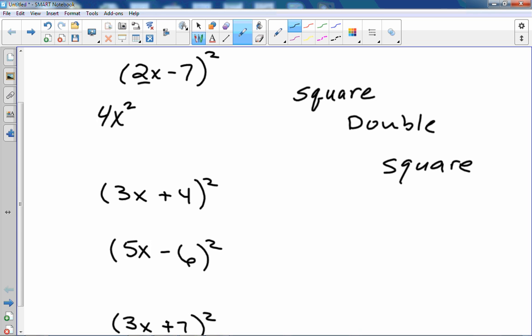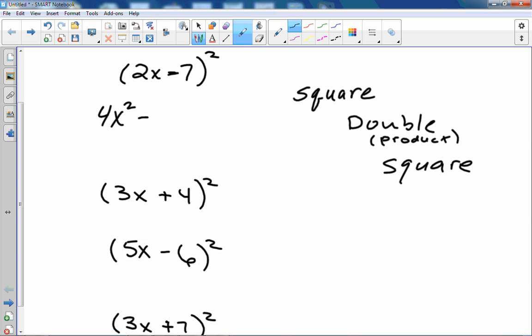Okay, and now double means I'm going to actually take the 2x and the negative 7, and I'm going to double the product. So one thing about the double is we're doubling the product of the two numbers, which means I would multiply. Now that's the hardest part. Now notice, since this is negative, this is going to be negative. Okay, so let's get that out of the way.